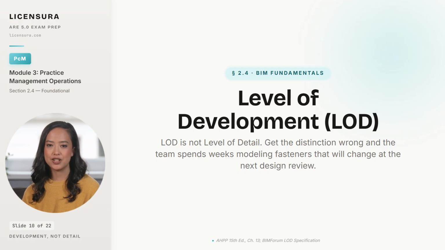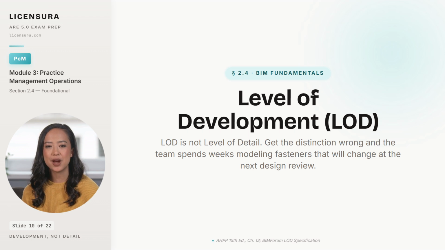Level of detail is a graphic concept, how finely the geometry is drawn. Level of development is an information concept, how reliable the element is as a basis for downstream decisions. A schematic phase curtain wall should be modeled as a generic placeholder because the design will change.